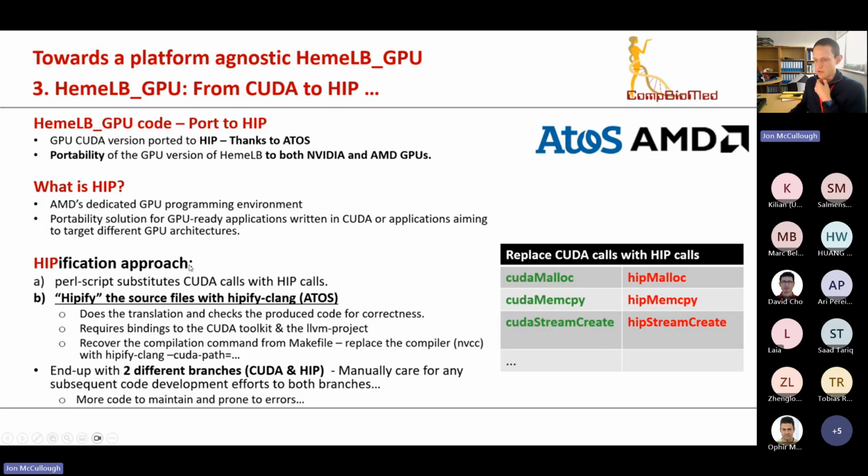There are some automated tools available to do this. They claim 90% of your code is converted, but that remaining 10% has a lot of work to tidy up the loose ends where the conversion is missed and make sure things work. And Jan has put in a lot of effort to make this happen. So we have this version that can run on both NVIDIA or AMD GPUs using the same code base.